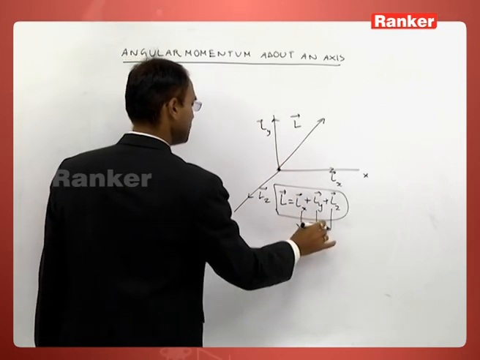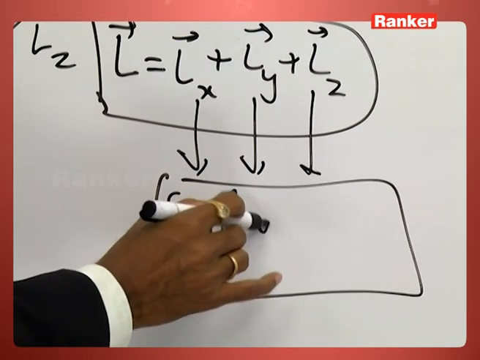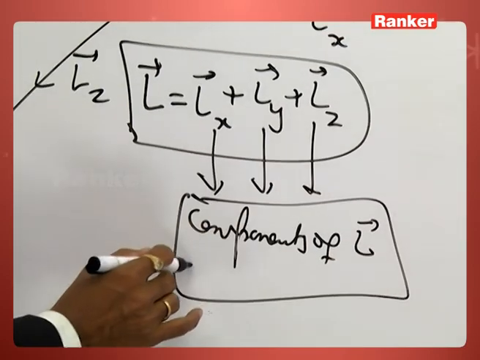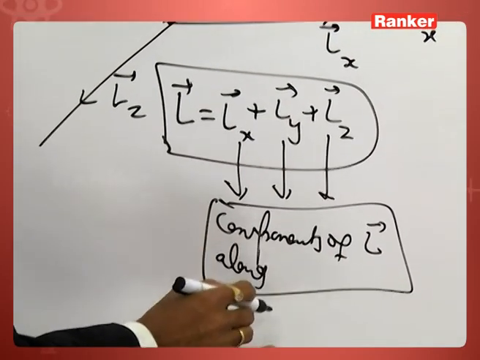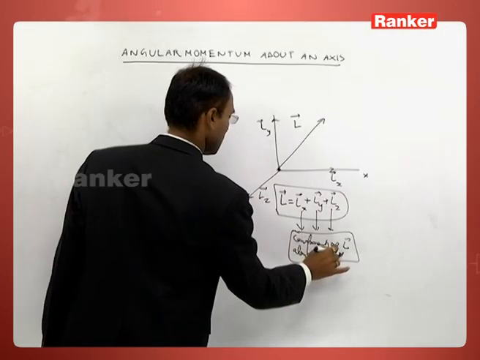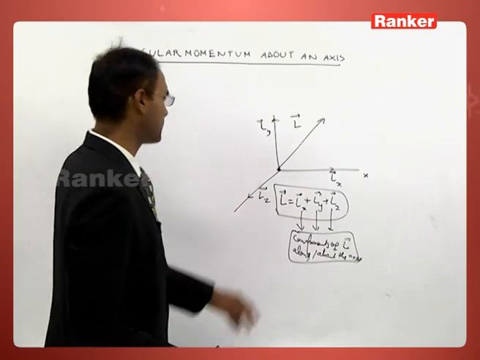Lx, Ly and Lz are the components of angular momentum along or about the x, y and z axis respectively.